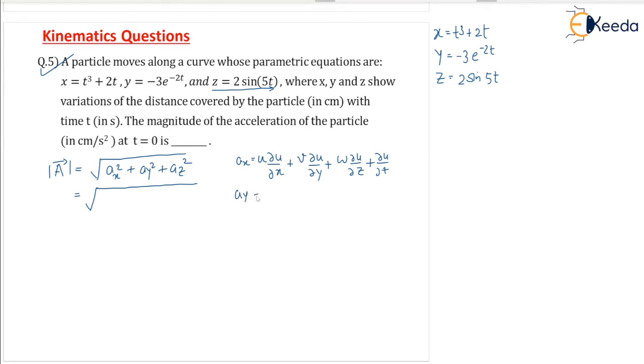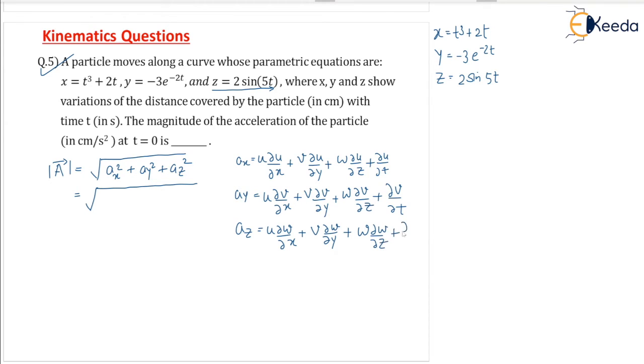Ay is equal to u into dou v by dou x plus v into dou v by dou y plus w into dou v by dou z plus dou v by dou t. I know this is a very big equation and difficult to remember. That's why I explained to you how to remember this formula. Last one, az is u into dou w by dou x plus v into dou w by dou y plus w into dou w by dou z plus dou w by dou t.